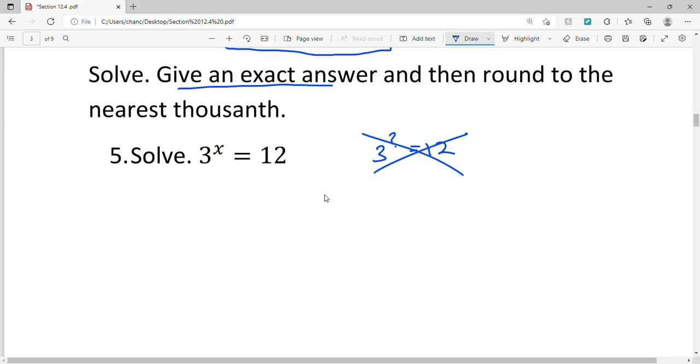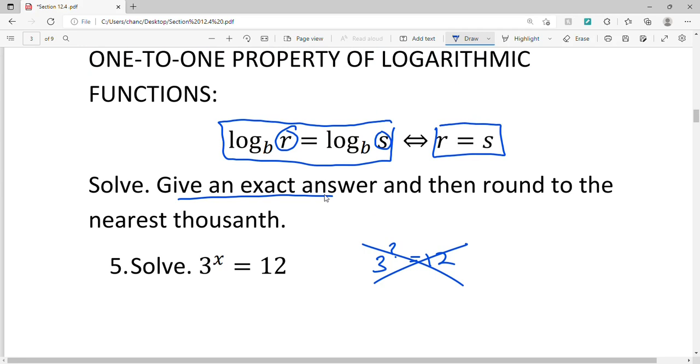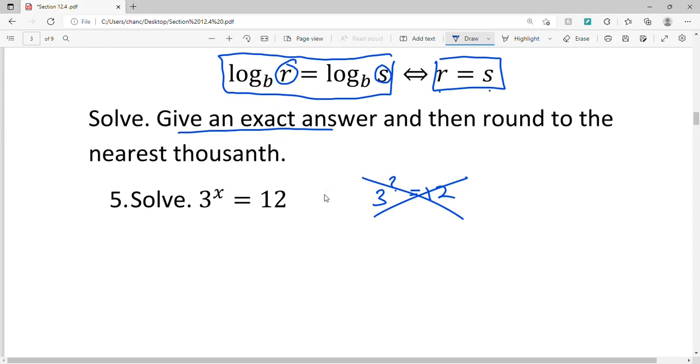So what we're going to do instead is use the property of one-to-one for logarithmic functions. It states that if r equals s, then I could take the log of both sides. And that's what I'm going to do here. I could take the log of the left side, I could take the log of the right side, and this will still hold true.